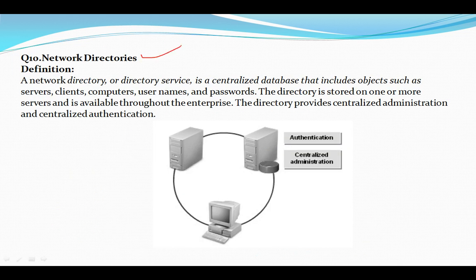Now, network directory. What do you mean by network directories? A network directory or directory service is a centralized database that includes objects such as servers, client computers, usernames, and passwords. So the meaning is very simple.